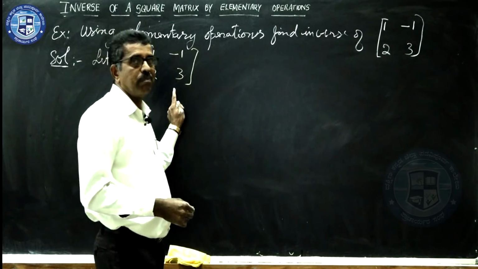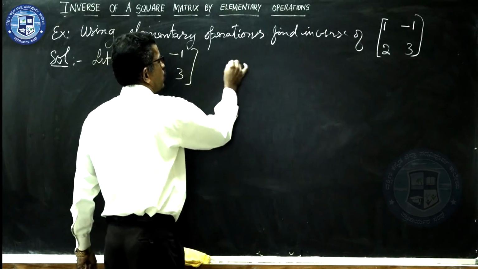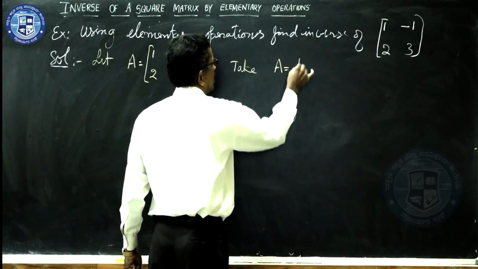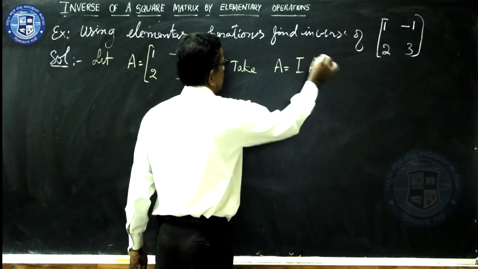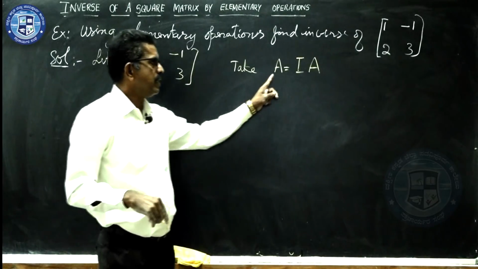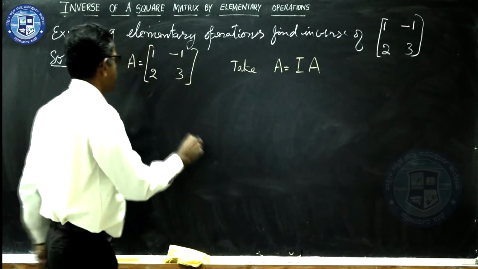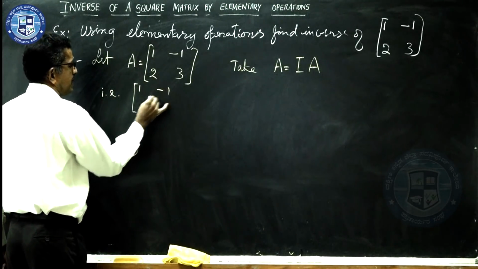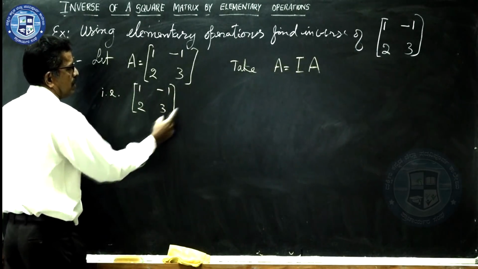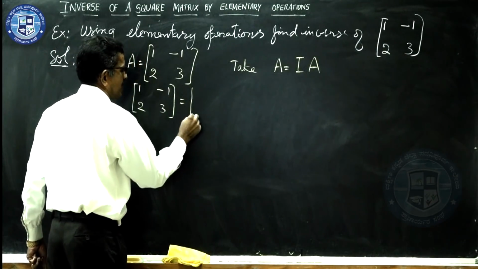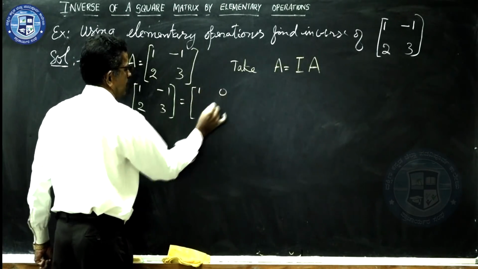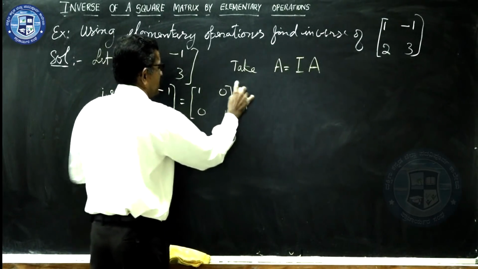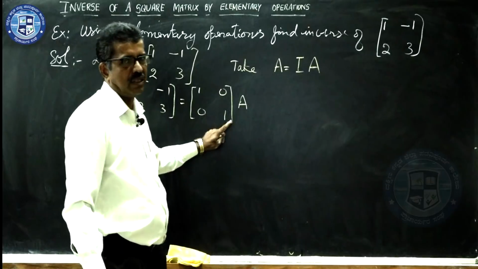As I have already told you the procedure, first we write A is equal to I A. A must be replaced with the given matrix, that is 1, -1, 2, 3, and the identity matrix is 1, 0, 0, 1, into A. I do not write A once again as a 2 cross 2 matrix, you can save a little time.